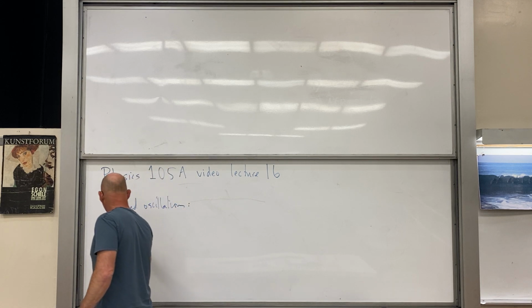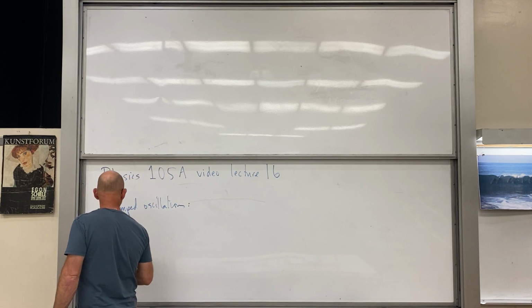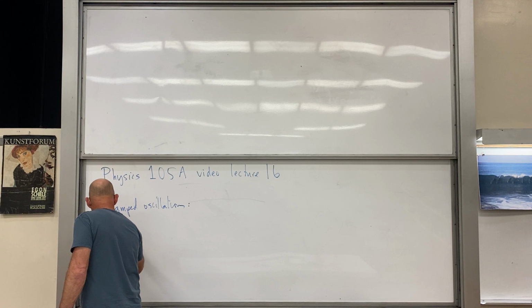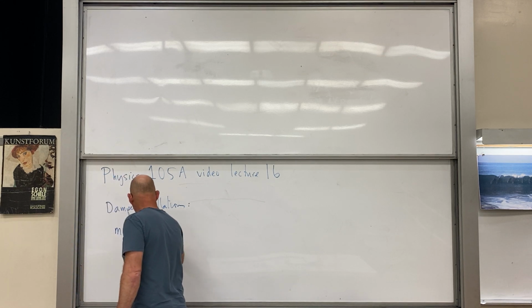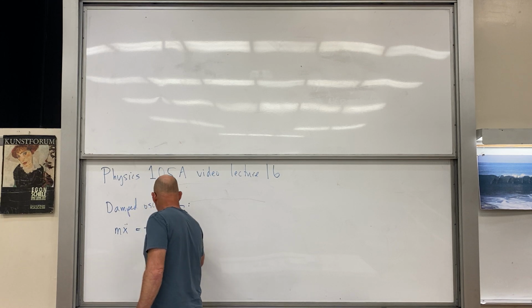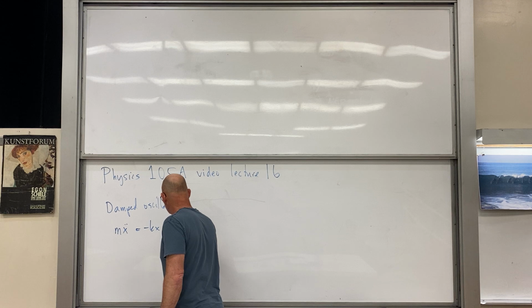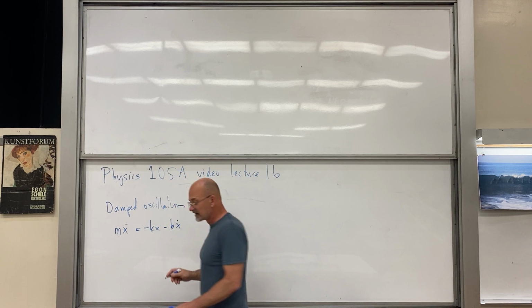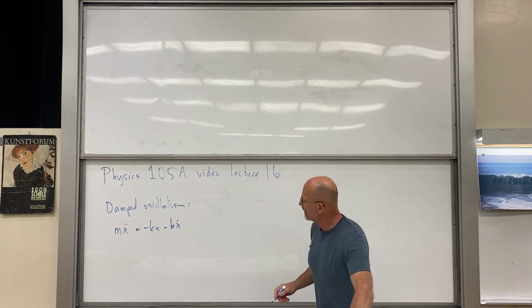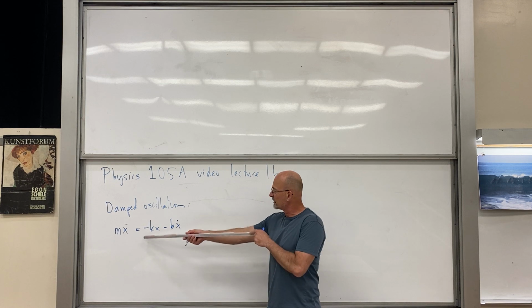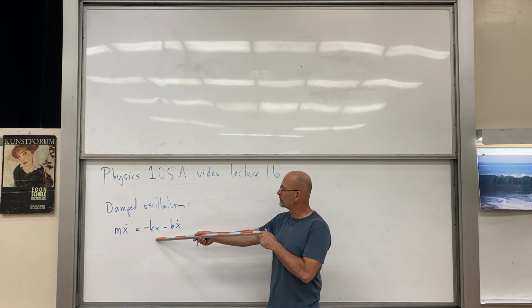We are looking at, well, I'll even put Newton's law here. So if we start with Newton's law, we recognize mass times acceleration. There's the linear Hooke's law type of force.